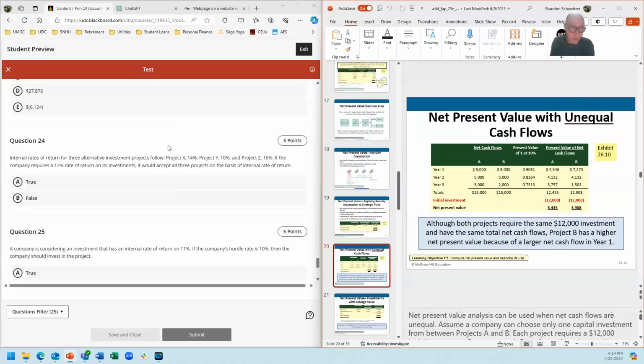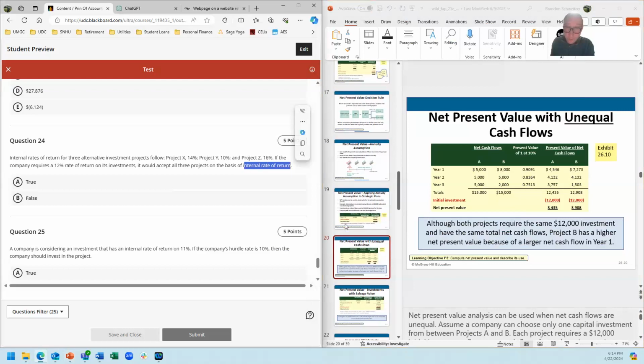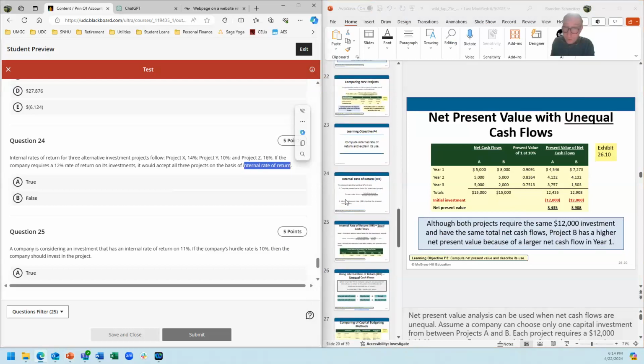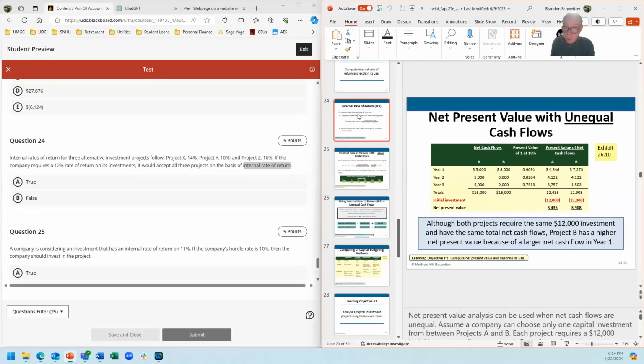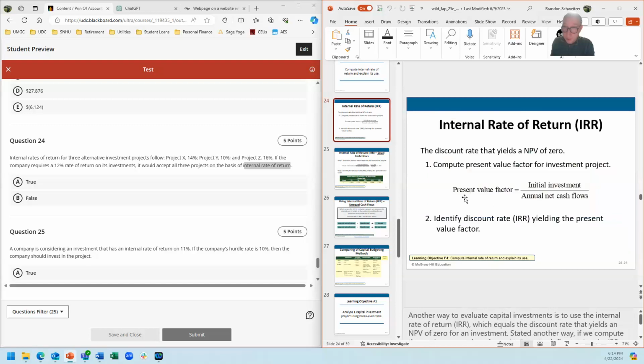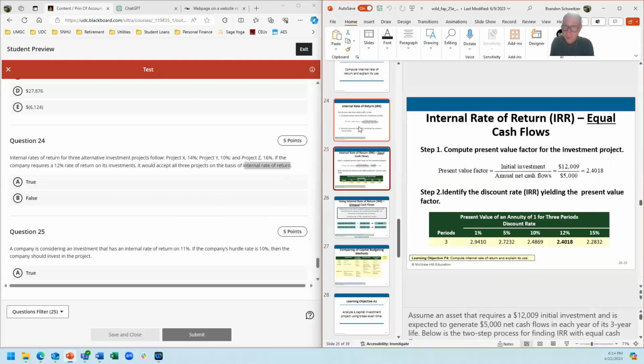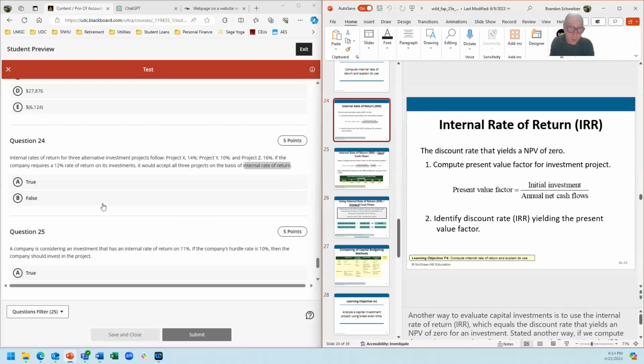And question 24 is we're looking for the internal rate of return, which is going to be right here. This is going to be your formula for internal rate of return. Follow these two steps, yeah. 3 steps, actually. No, 2, with you.